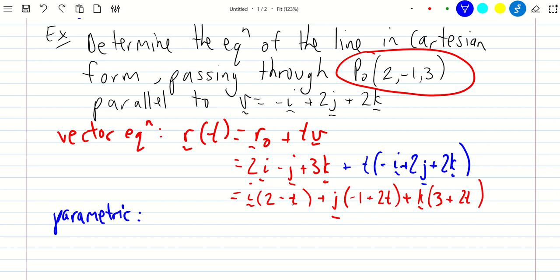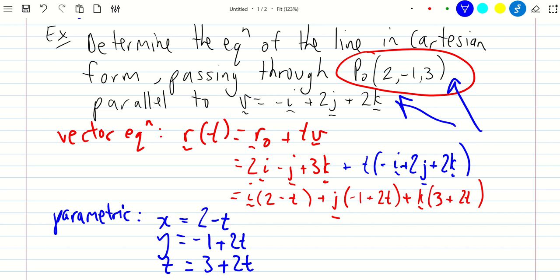All we do is x = 2 - t, y = -1 + 2t, and z = 3 + 2t. So there are the parametric equations. It's as easy as that. When you get good at these, you can read them straight off the actual question. You could come straight up here and read those directly. You'll get good at doing these, and you'll see the links between the different versions.